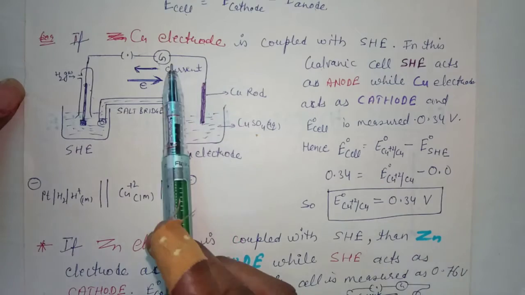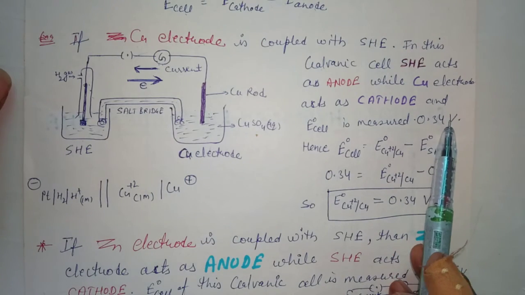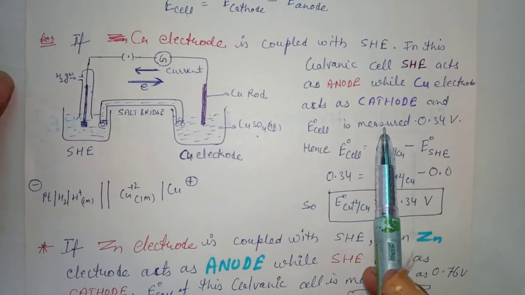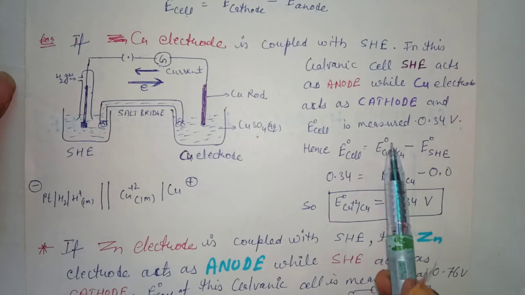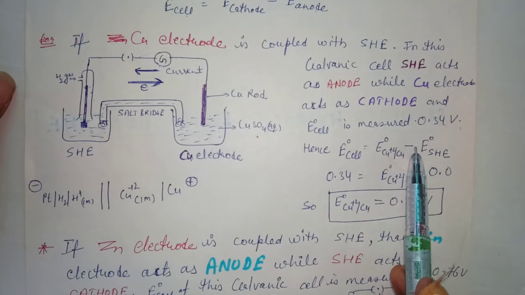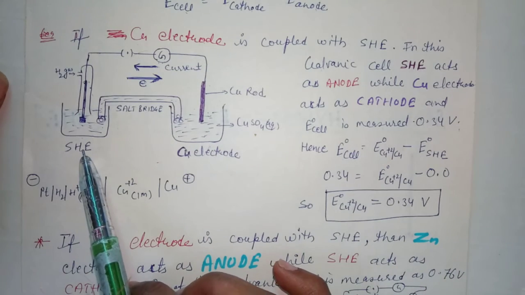When current flows, in the galvanometer the value of E cell is obtained as 0.34 volt. E cell is measured as 0.34 volt, and from the formula E naught cell is equal to E naught cathode minus E naught anode. Here the cathode is the Cu electrode and the anode is SHE.